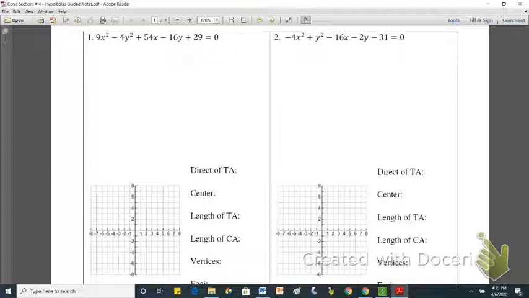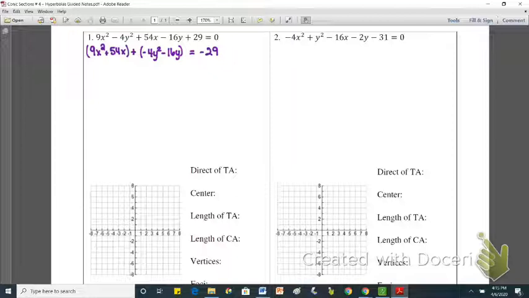So in this first one, I'm going to group the 9x squared and the 54x, plus, I am going to put a plus there and we'll see why in a second, a negative 4y squared and a negative 16y. And just like I've been doing to get the positive 29 to the other side, I am going to subtract it.